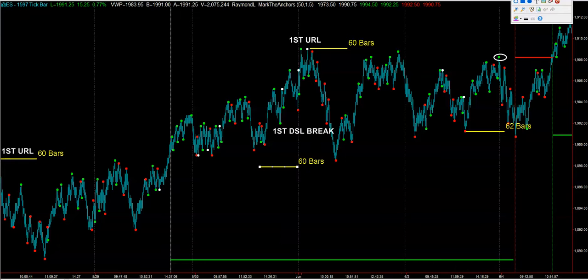So what we look at in the rule set, a DSL is an anchor low price level that has maintained without being touched or broken from above for a minimum bar requirement, and in this case 60. They are continually calculated when we are in a bullish position. The reason why we look for a DSL is to find weakness in the current trend.